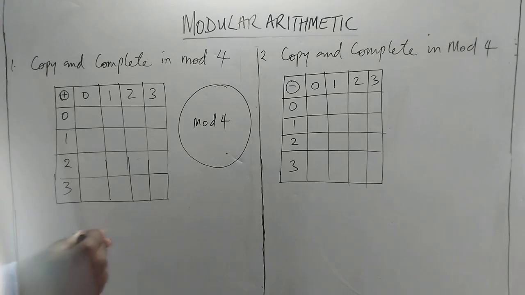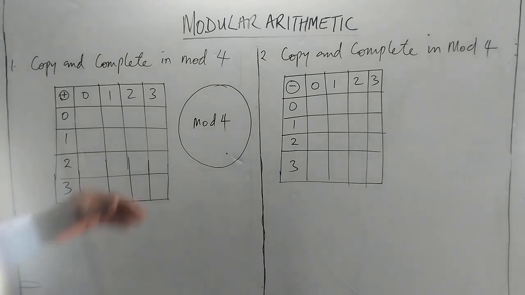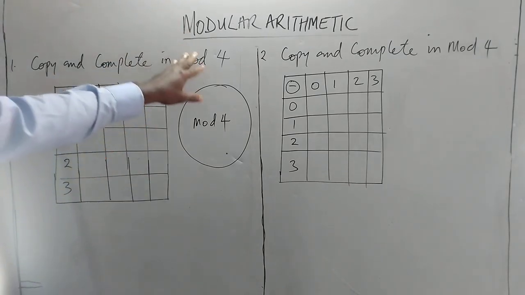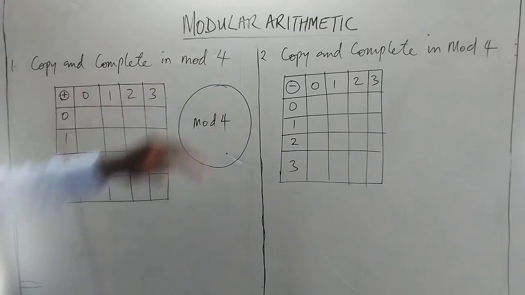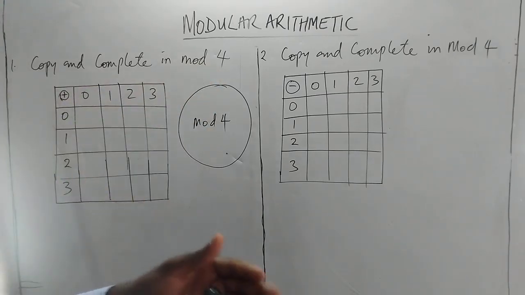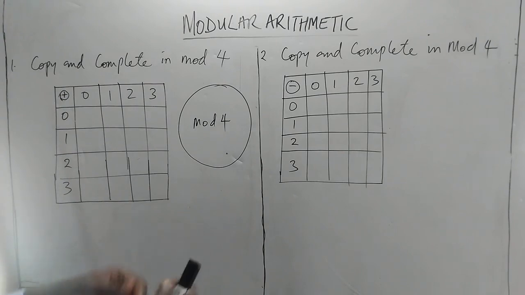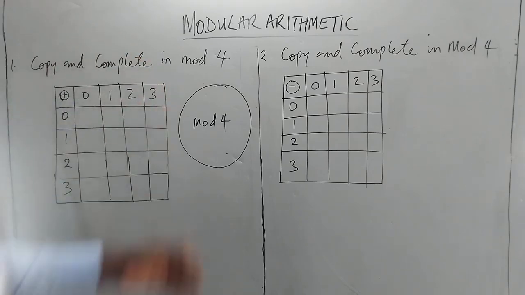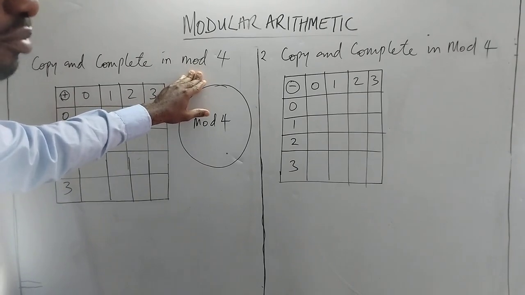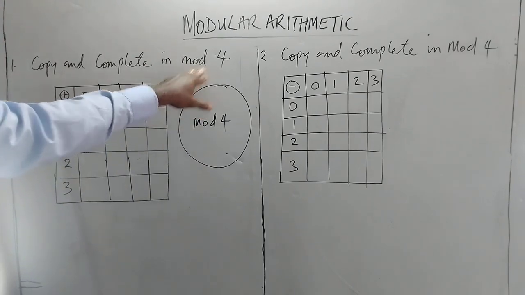And in mod 4, the highest digit is 3. Modulus shares something in relation with number bases, in the sense that what happens in number bases also happens in modulus.